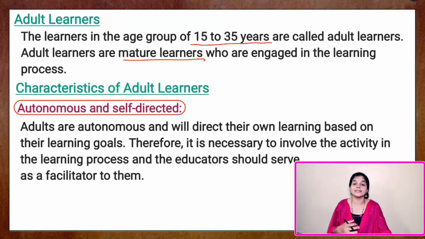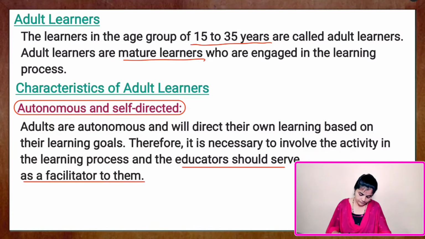Self-directed means, based on their learning goals, they direct themselves in the learning process, and they are autonomous. So the role of the teacher here is just to help or assist them in their learning process. The teacher acts as a facilitator with respect to the learning process of adult learners.